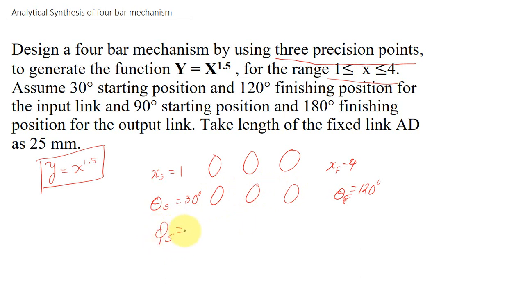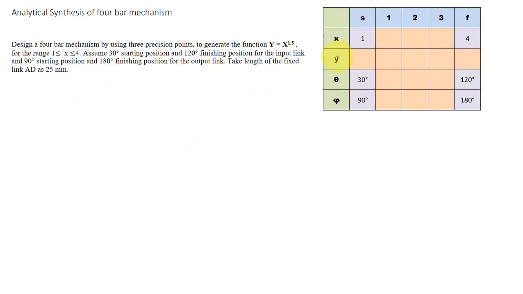Phi s is given as 90 degree and phi f is given as 180 degree. Here also you have to find 3 precision points. In between you have to find the value of y also. So y also will come: ys, 3 precision points, then yf. These all are the given values: xs, xf, theta s, theta f, phi s and phi f.